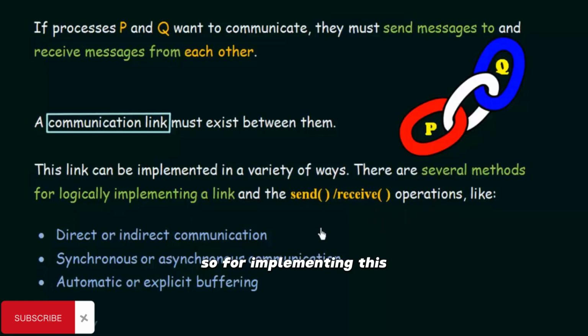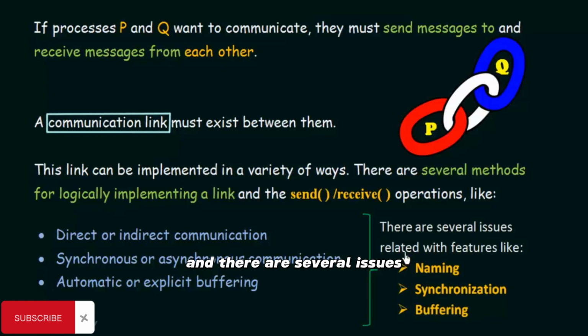So for implementing this, there are several methods, like the ones given below: direct or indirect communication, synchronous or asynchronous communication, automatic or explicit buffering. And there are several issues related with features like naming, synchronization, and buffering.